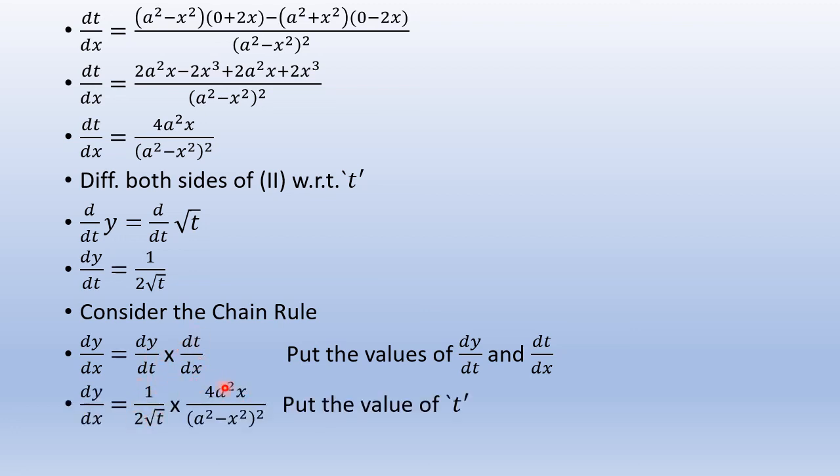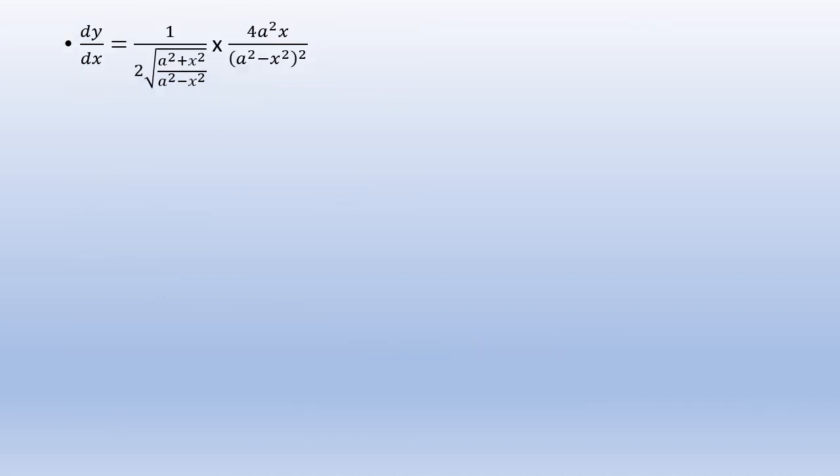These are the values. You can see I can cancel this 2 with this 4, and I also have to put the value of t. So we will cancel this 2 with this 4, and this is the value of t. Secondly, we are going to split this whole radical into the square root of (a² + x²) divided by the square root of (a² − x²).